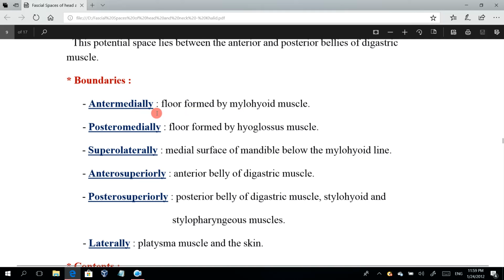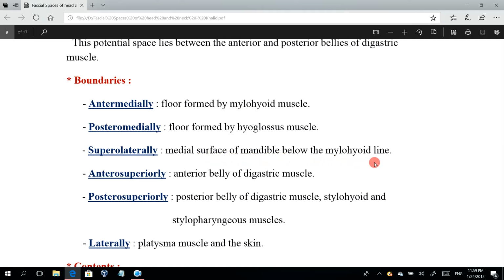So anteromedially, the floor is formed by mylohyoid muscle. Posteromedially, the floor is formed by hyoglossus muscle. Superolaterally, the medial surface of mandible below the mylohyoid line.